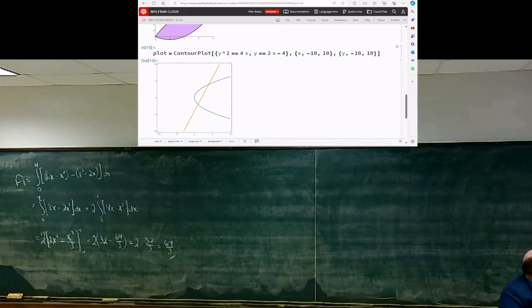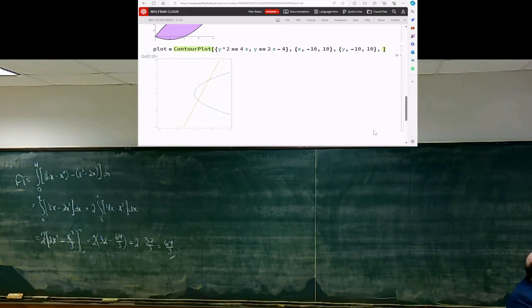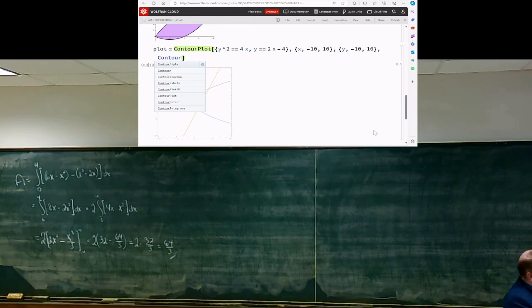I'm going to adjust that. First thing I want to adjust is the color, because the default colors in Mathematica are hideous. I want my curves to be the standard, so contour style black. I don't like it being in a box. That's not typically how you plot something.